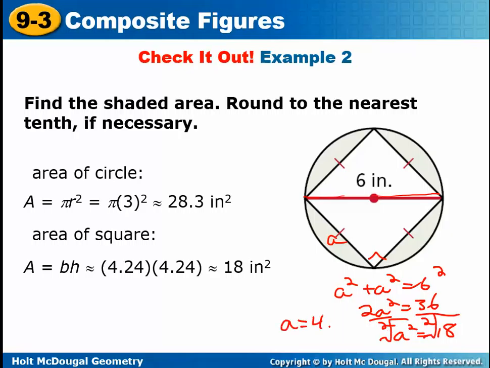You could have also used trig on this. You could have said, well, this is a 45-degree triangle. So I'm going to use the fact that in a 45-45 right triangle, the hypotenuse is the leg times the square root of 2. So the leg times the square root of 2 equals 6, so you could take 6 divided by the square root of 2.